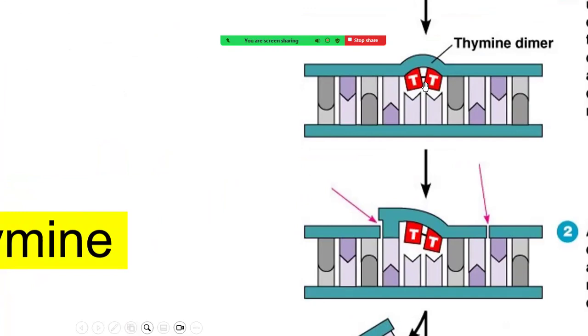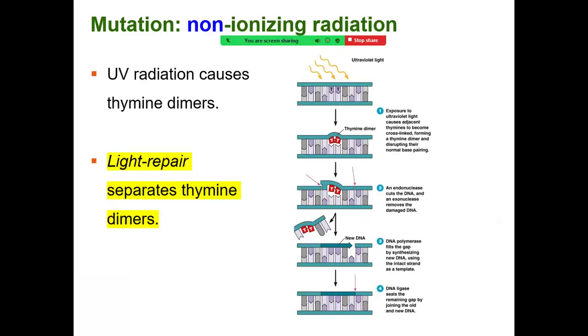This will interfere with the thymines. They will not pair correctly with their complementary base in the second strand of DNA. And then they obviously are paired to each other with a thymine dimer. That would create a bubble in the DNA. This bubble will cause problems for the DNA.